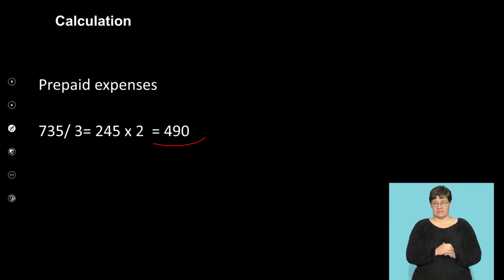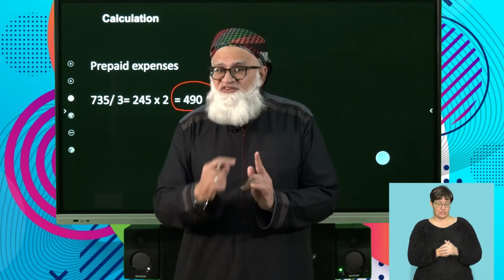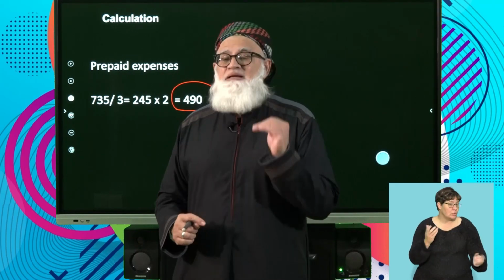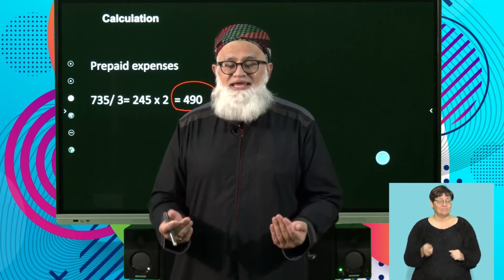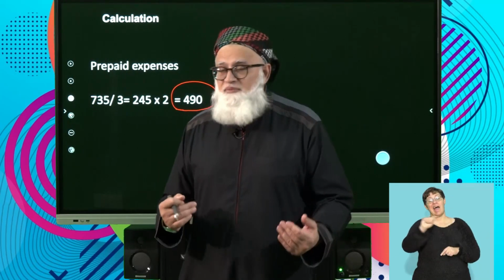Right, so I've identified my calculation as 490. Now remember, this is a prepaid expense, right? Where does it feature in my balance sheet? It appears under trade and other receivables.